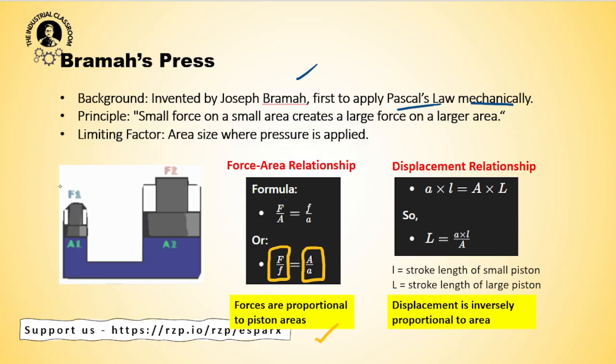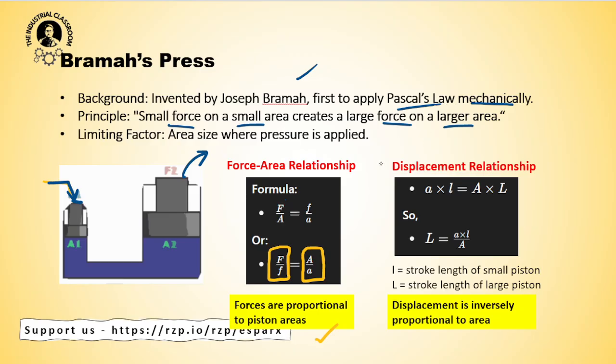So with application of a little force in this smaller area, we will get a larger force output in this larger area. So a small force on a small area creates a larger force on a larger area.